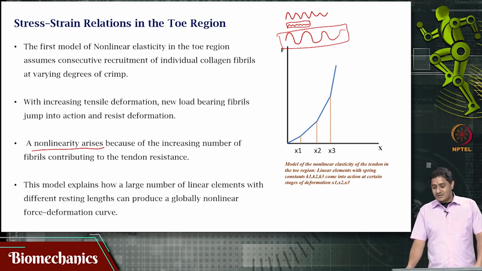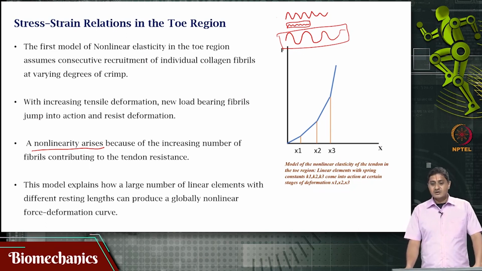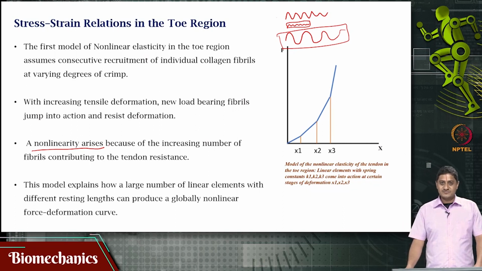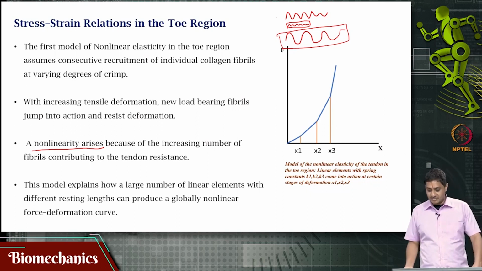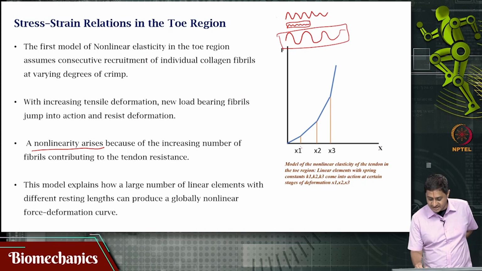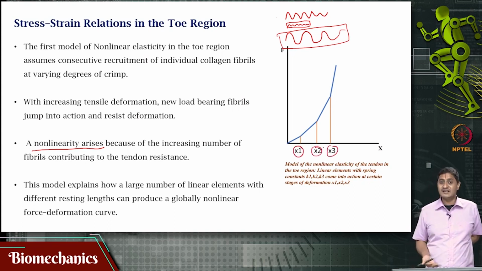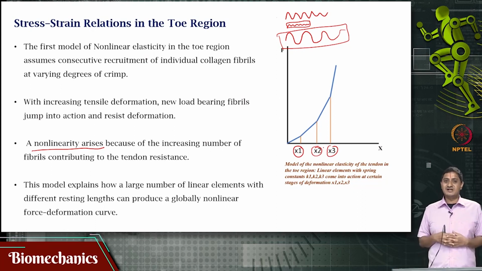This is one model of toe region nonlinear elasticity, right. Why is this happening? Because of differing resting length. This is x1, this is x2 and this is x3. By the way, these are only 3 lengths. What I showed in the rubber band example are only 2 or 3 bands, or 2 or 4 depending on whether you consider both legs, both arms of the rubber band as 1 or 2.